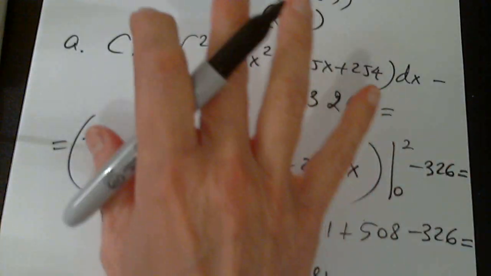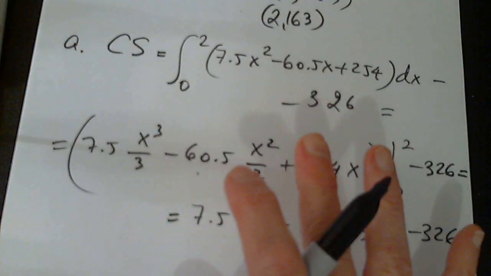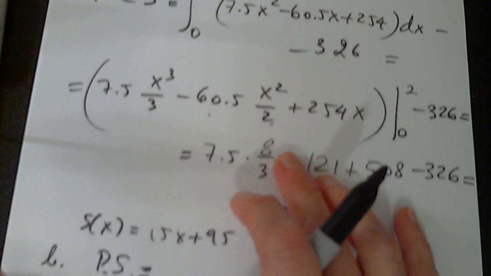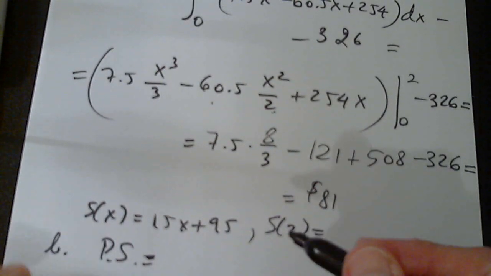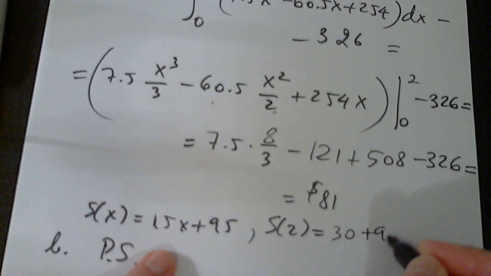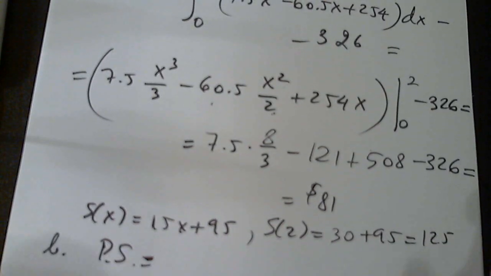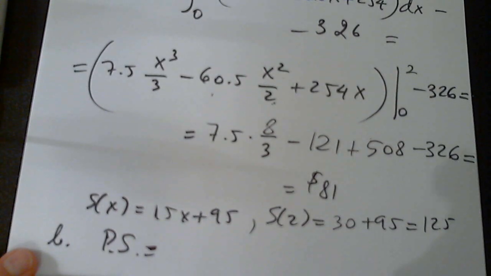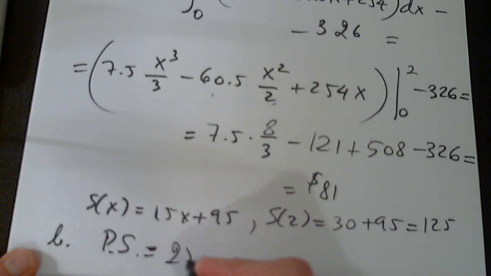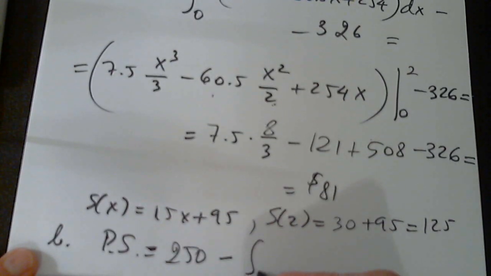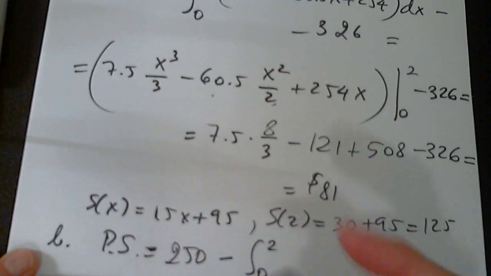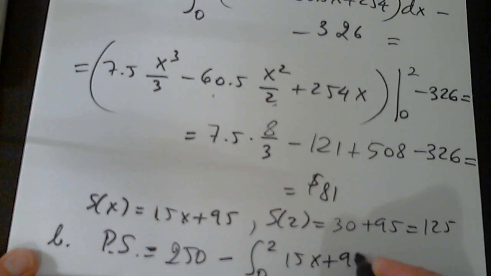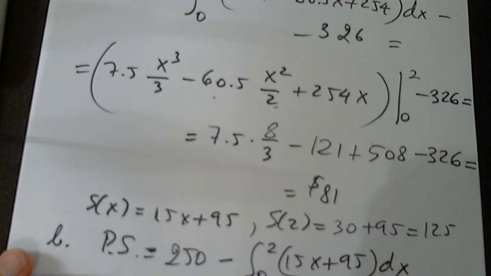Unfortunately, 326 is for the demand. This is not the equilibrium point. The number will not be the same. So I have to find S of 2. So this is 30 plus 95 is 125. So 2 times 125 is 250. 250 minus the integral from 0 to 2 of 15x plus 95 dx.